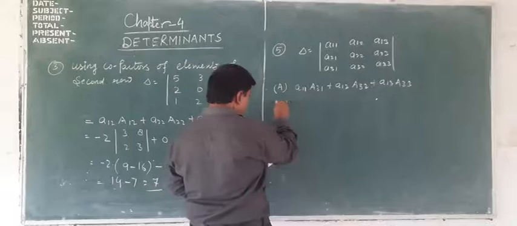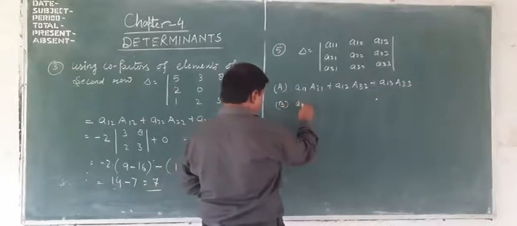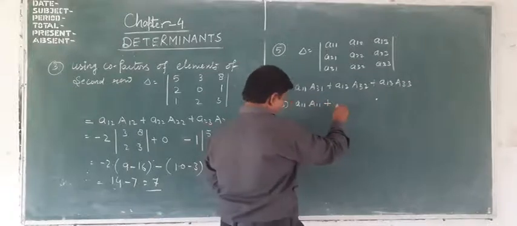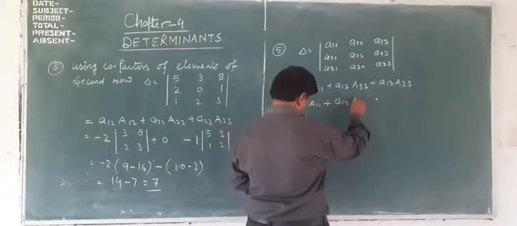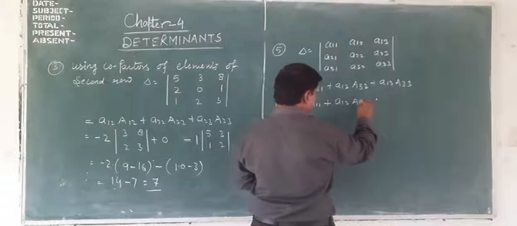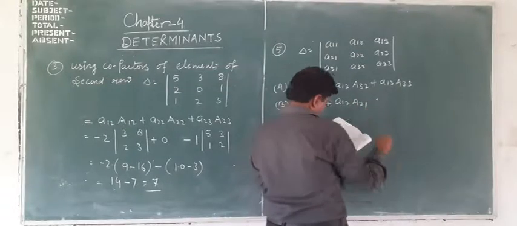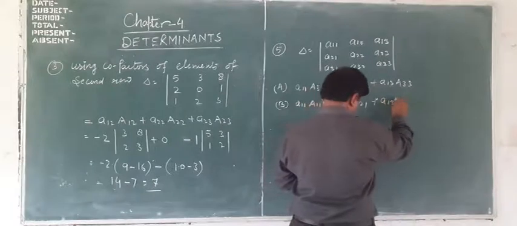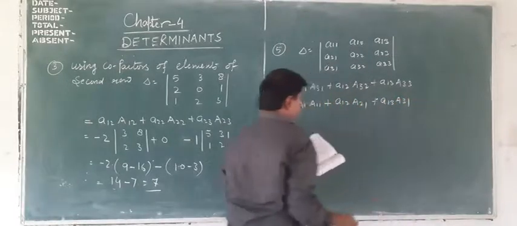B part: a11 A12 plus a12 A21 plus a13 A3.